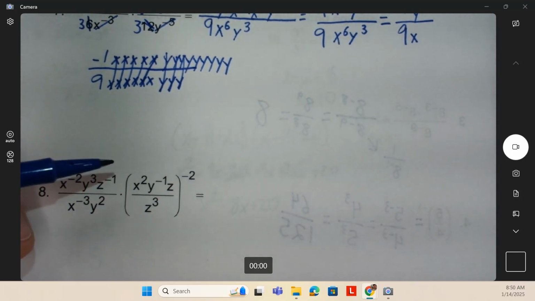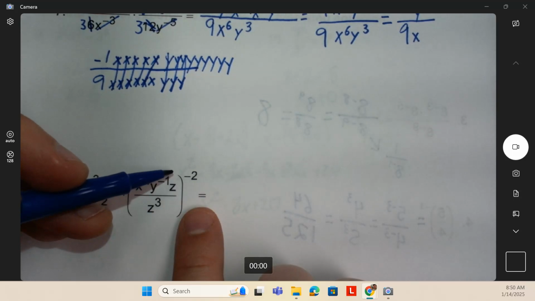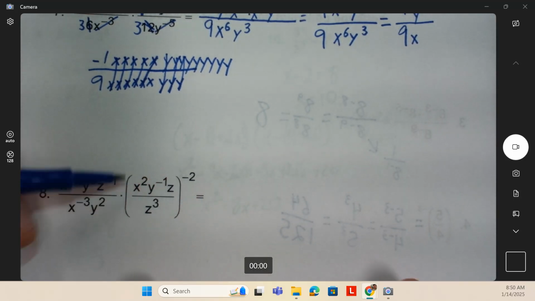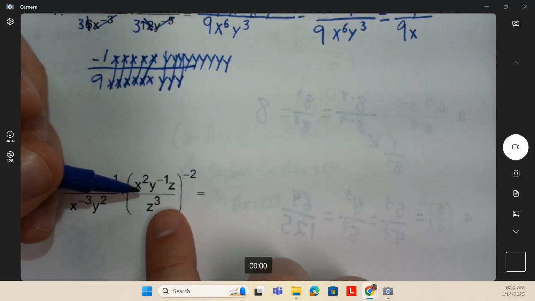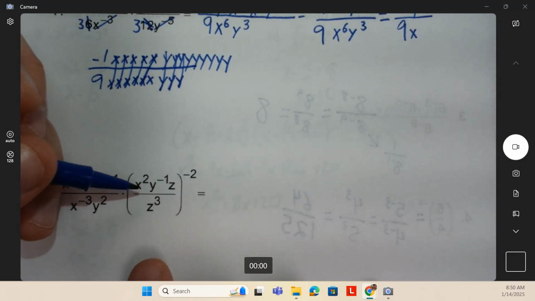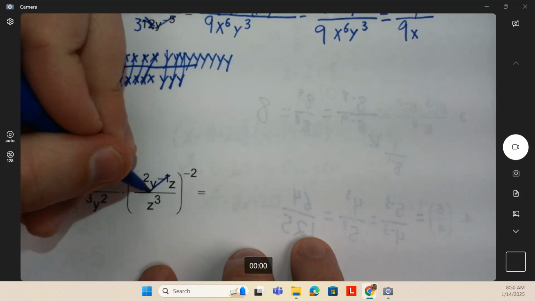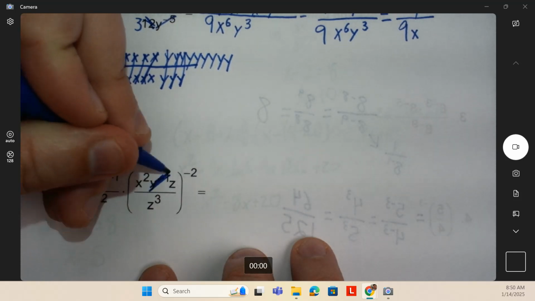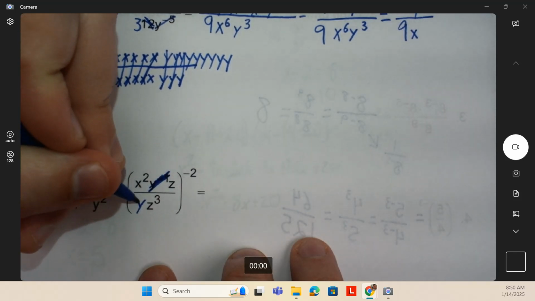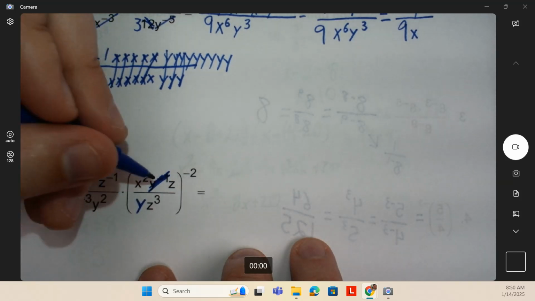And the last one on this, I'm taking my exponents first, so let's go ahead and do this. This y to the negative first here, I'm going to go ahead and move, instead of doing that there, I'm going to move that there.